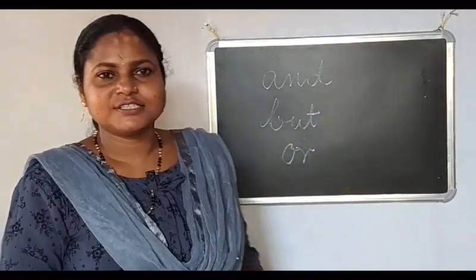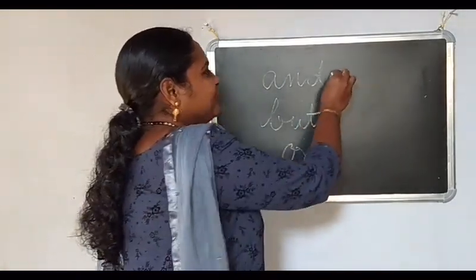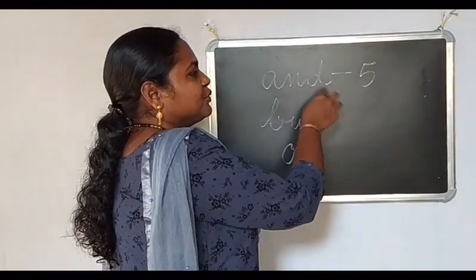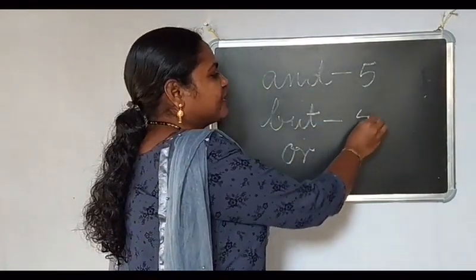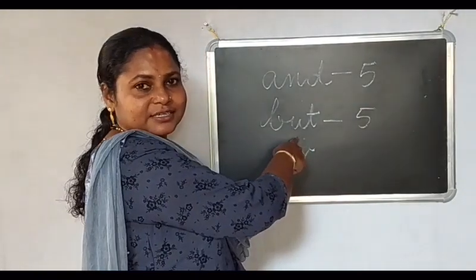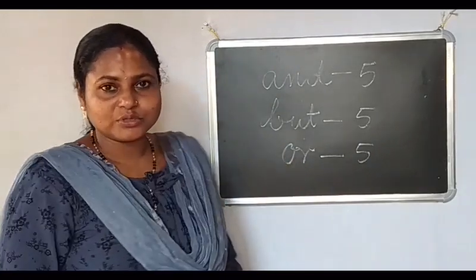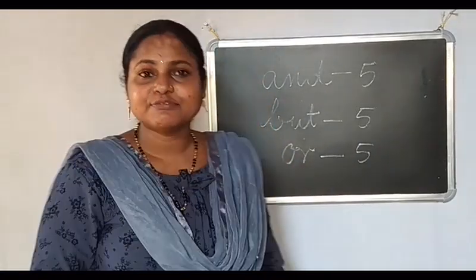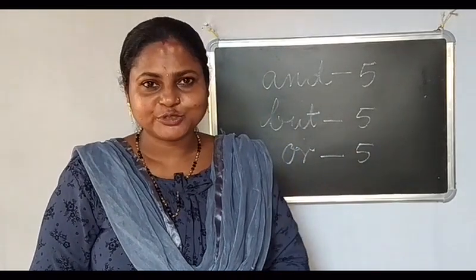So what is the practice that you have to do? You need to write 5 sentences using and, 5 sentences using but, and 5 sentences using or. Altogether you need to write 15 sentences. That is the work that you have to do today.